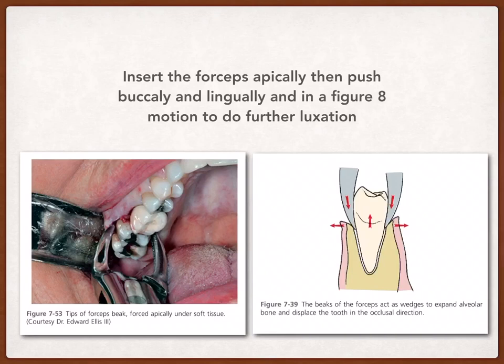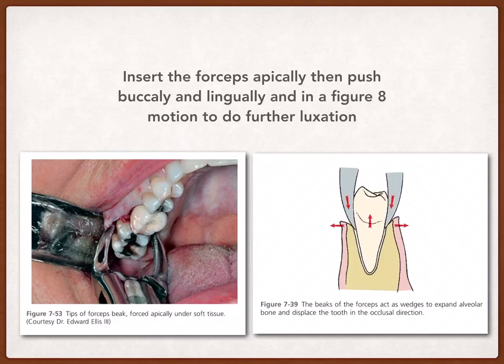These pushing and pulling forces on the tooth will tear the periodontal ligaments and crush them. After that push-pull movement, we will do a figure 8 movement to further luxate the tooth.